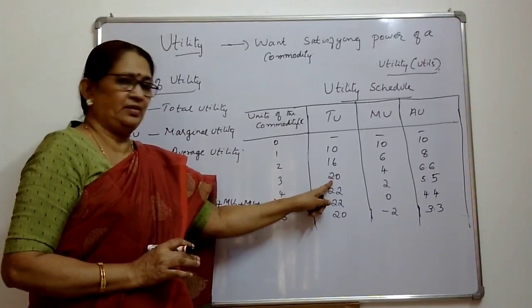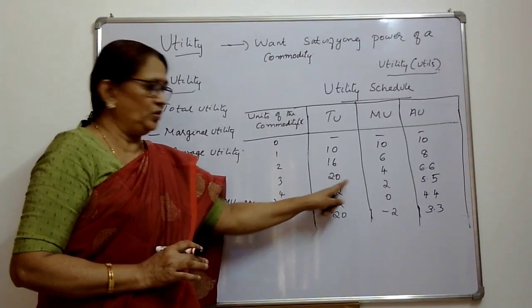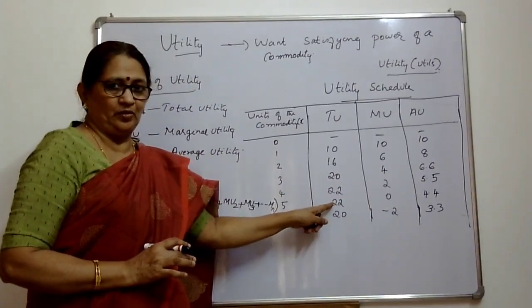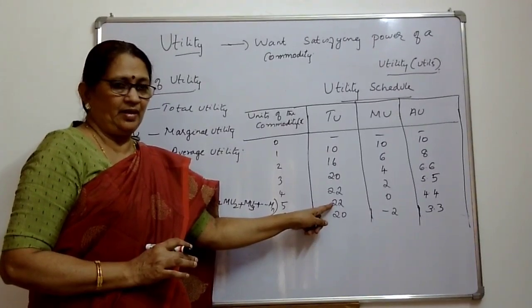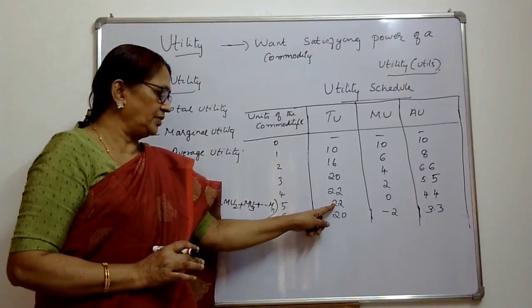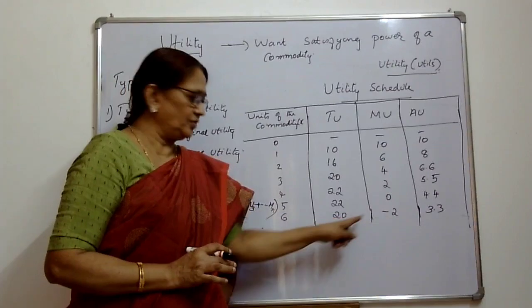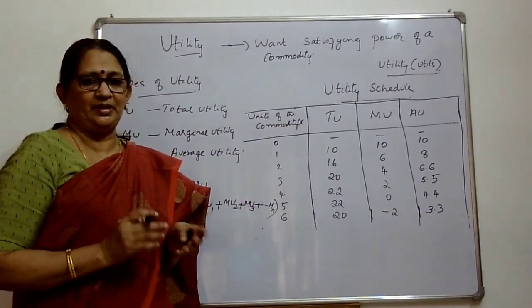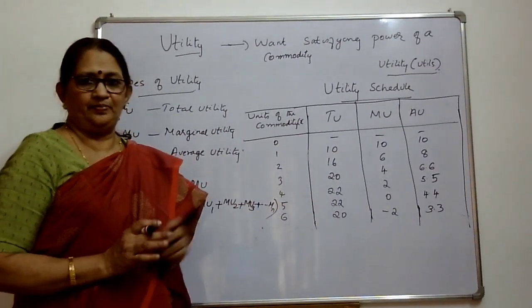Then 20 plus 2, 22. 22 plus 0, 22. Okay. Then 22 plus negative 2 means 22 minus 2, 20.